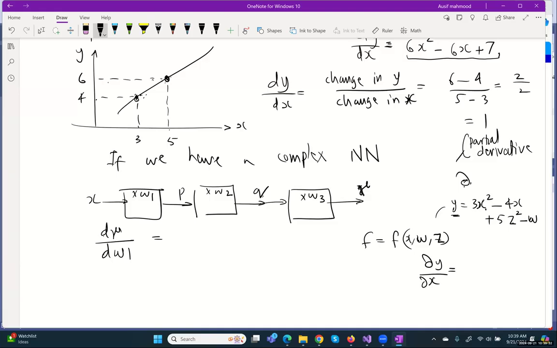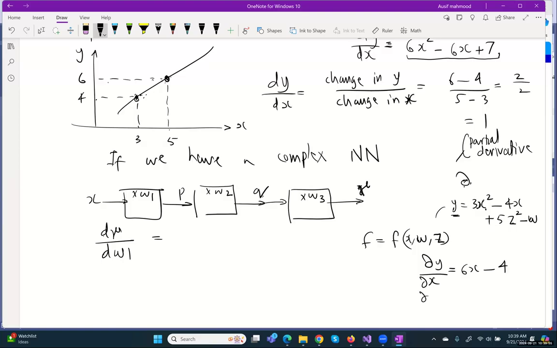All the others, like z and w, are treated as constants, meaning we zero them out. So if you just focus on x and zero out z and w, what will happen? Remember, we bring this power down over here. This will become 6x minus 4.